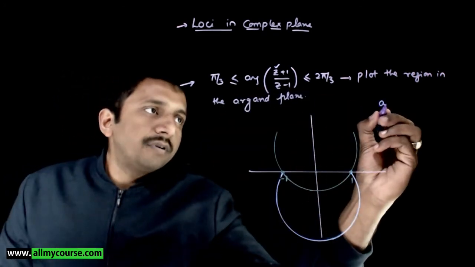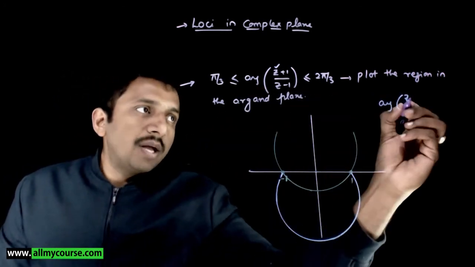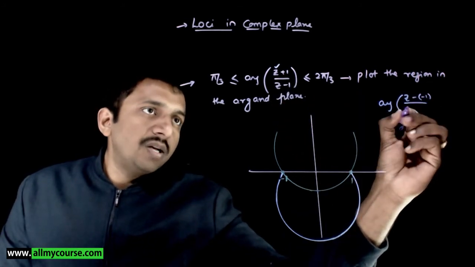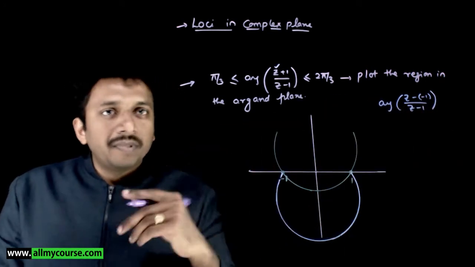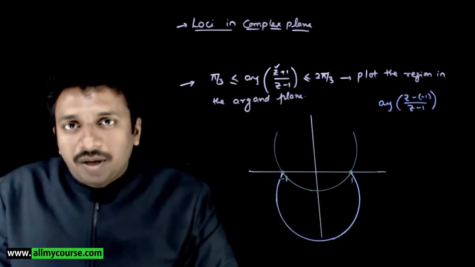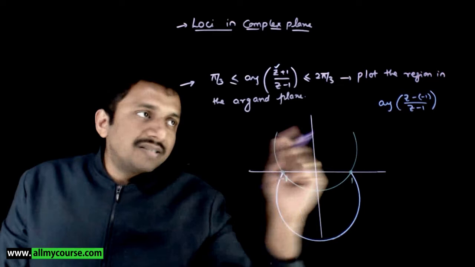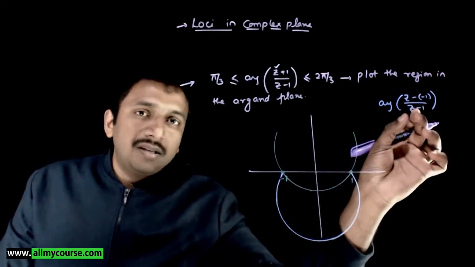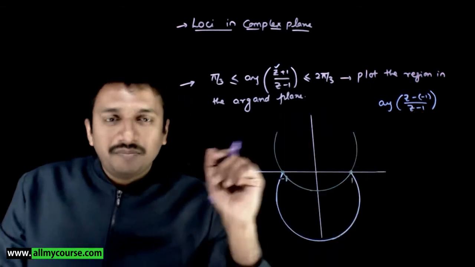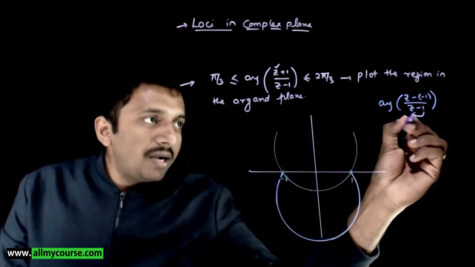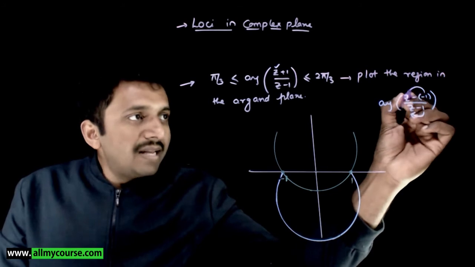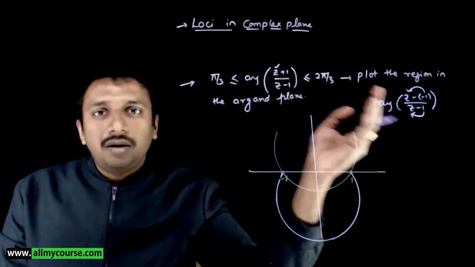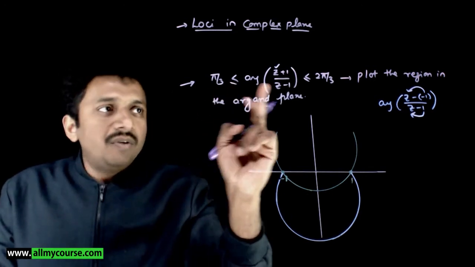Argument of (z plus 1) by (z minus 1), where z plus 1 is nothing but z minus of minus 1, has to be in between pi by 3 and 2 pi by 3. So the meaning of this is nothing but the angle between the vector z minus 1, that is the vector joining 1 to z, and the vector joining minus 1 to z. The angle going from initial vector to final vector has to be in between pi by 3 and 2 pi by 3.